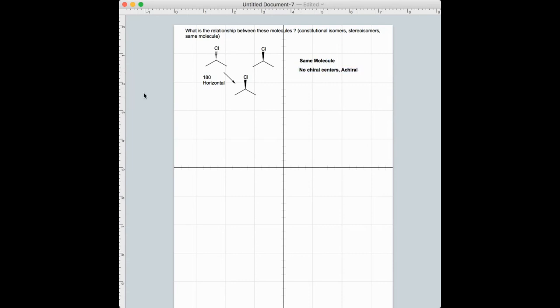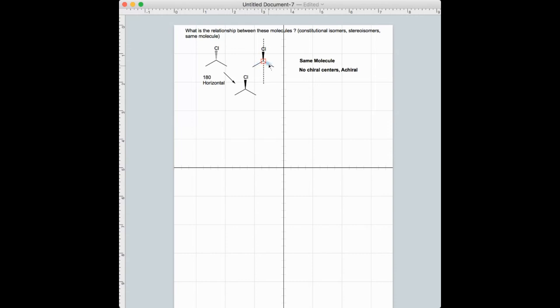You can also assign that molecule as being achiral by simply looking for an element of symmetry in the molecule. So if you draw a plane over here, you can see how this plane divides the molecule in 2 sides.